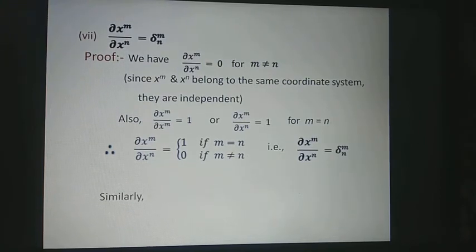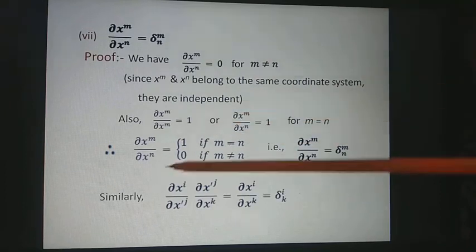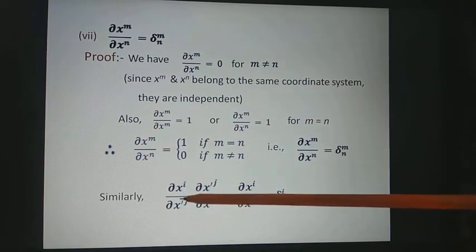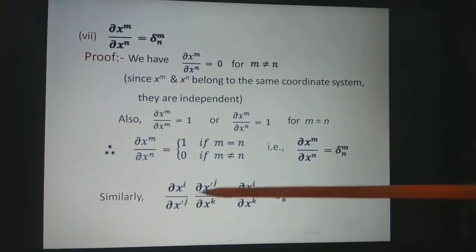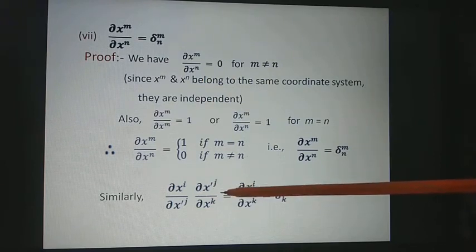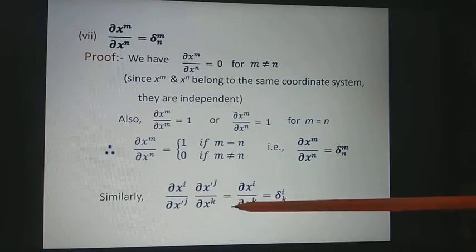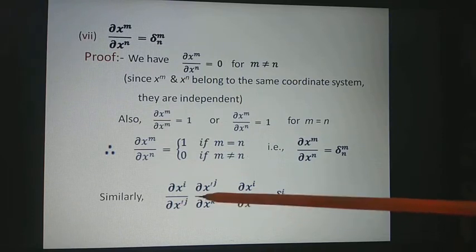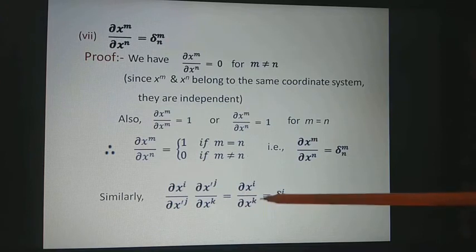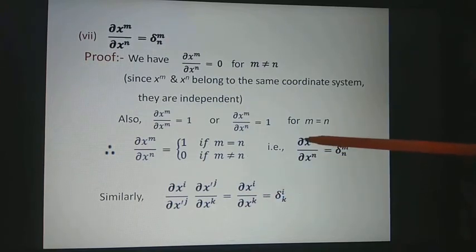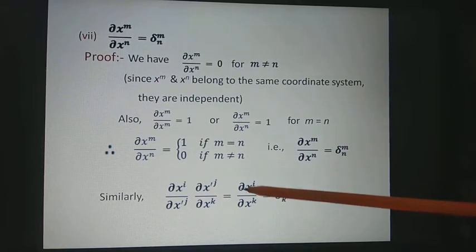In the similar manner, we have del xi by del x dash j, del x dash j by del xk, equals, this del x dash j gets cancelled, and that is equal to del xi by del xk. Del xm by del xn is delta mn, and therefore this del xi by del xk is delta ik.